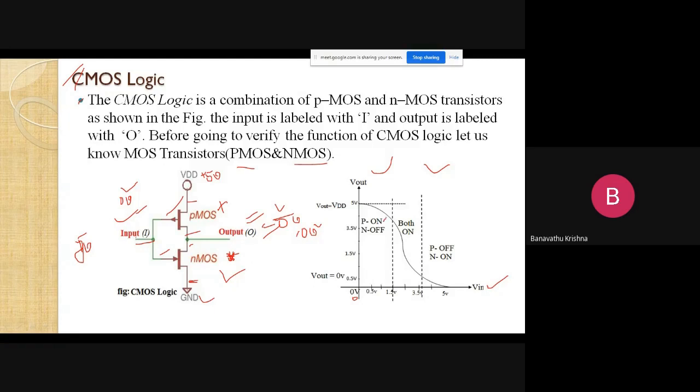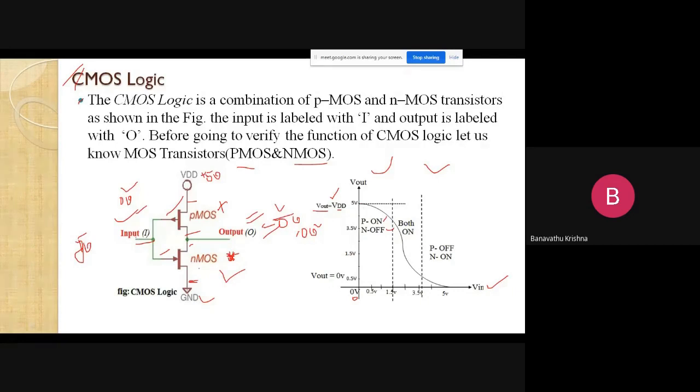So the connection from VDD to output is available, and the maximum amount of voltage will go to the output. That is VDD, V out equal to VDD, 5 volts. Practically it is like 4.7 or 4.3, but theoretically we can say it is 5 volts, that is VDD.